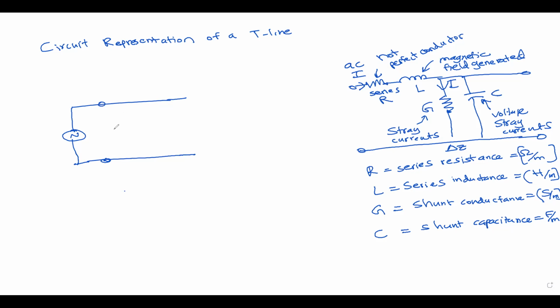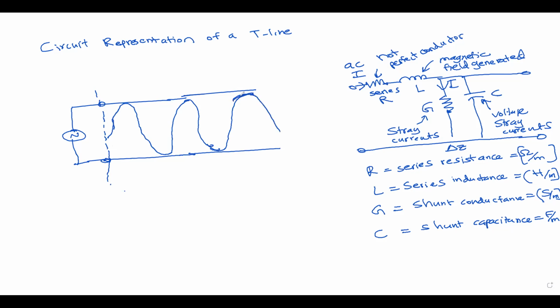So the voltage will move as a wave inside this transmission line. You need to just assume that this is a wave. The voltage will propagate as a wave. Similarly, current will also propagate as a wave.